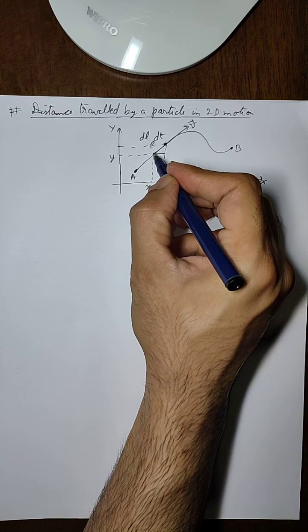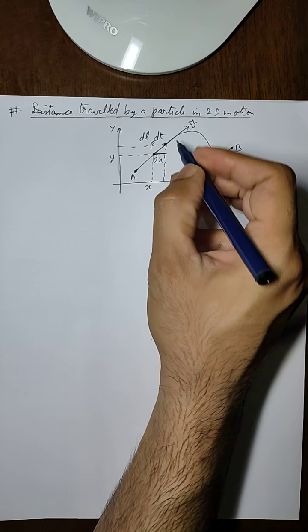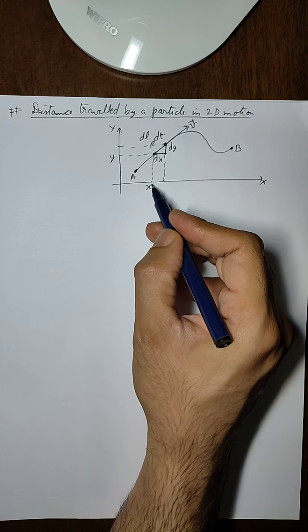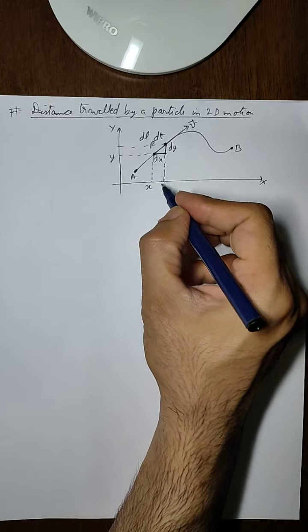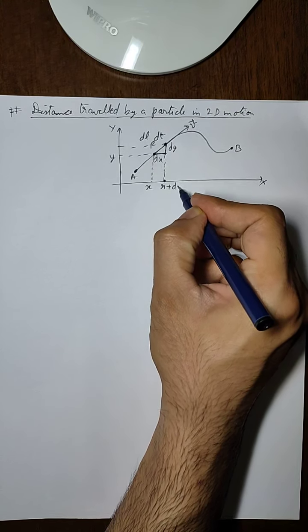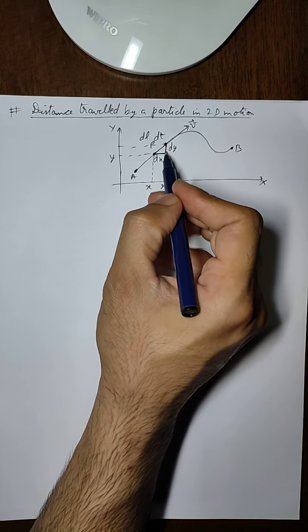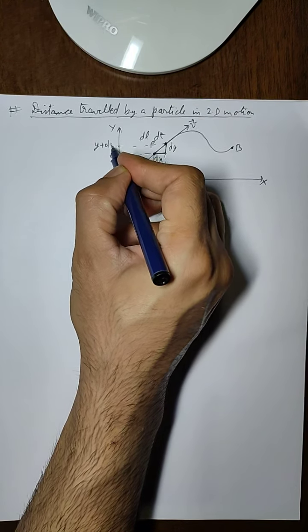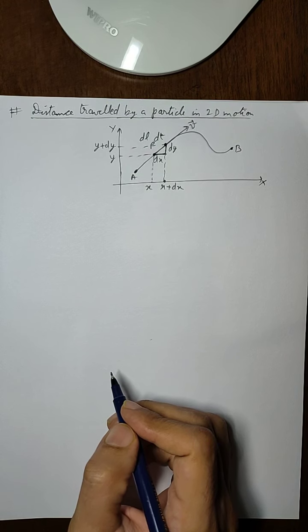Let us say the path length covered in x direction is dx and in y direction is dy. So if the initial position was x, then after covering dx, the final position will be x plus dx, and covering dy in this direction, the final position at y will be y plus dy.